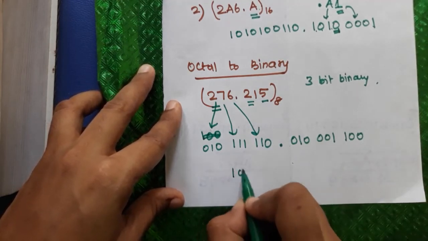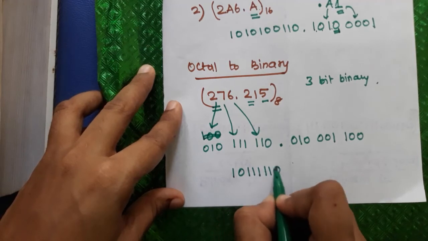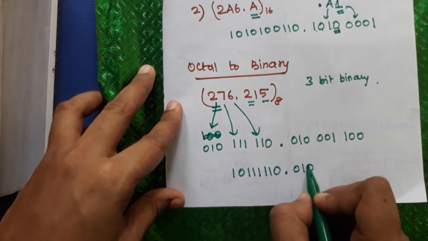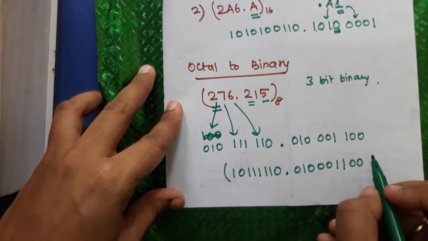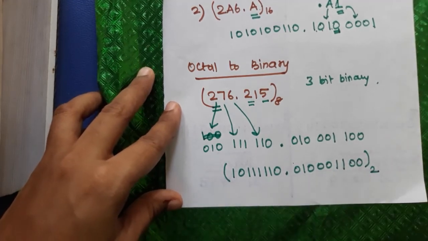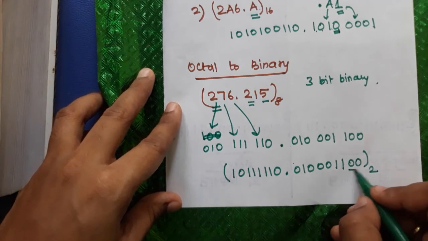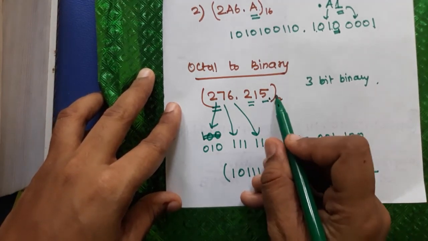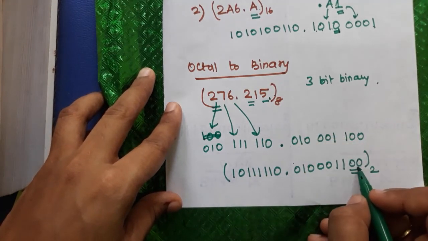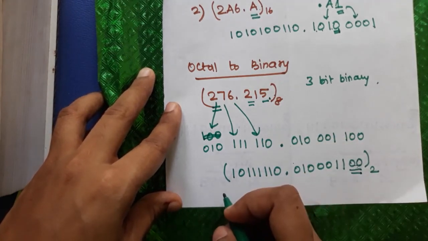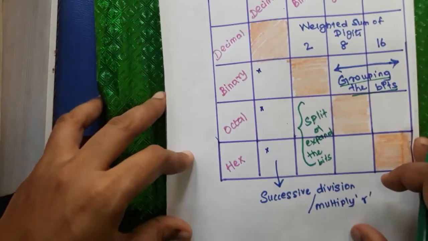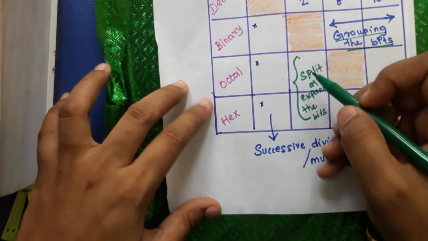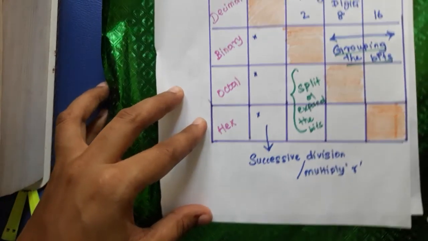So I can write this as dot 010001101 to the base 2. The last 0 need not be mentioned if it stops here. If there is any other number here, I cannot discard these zeros. Yes. So this way we have converted any number system, that is octal or hexadecimal, into binary form.